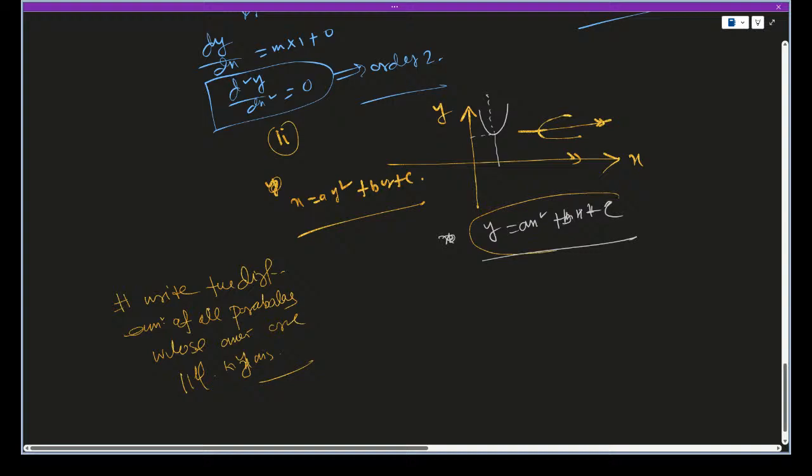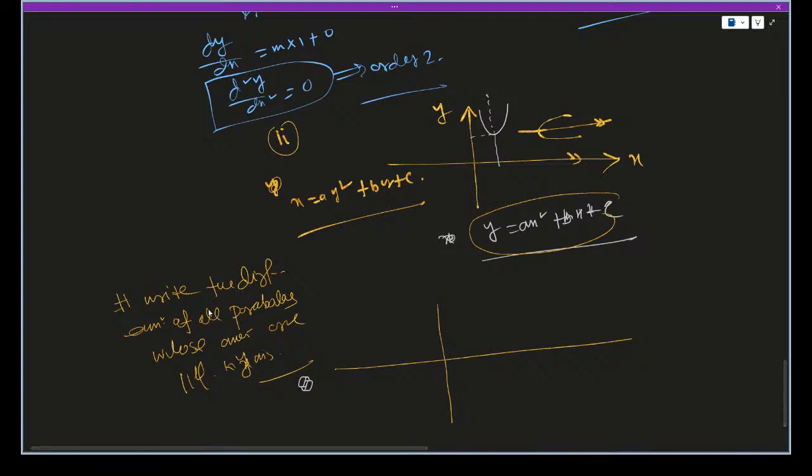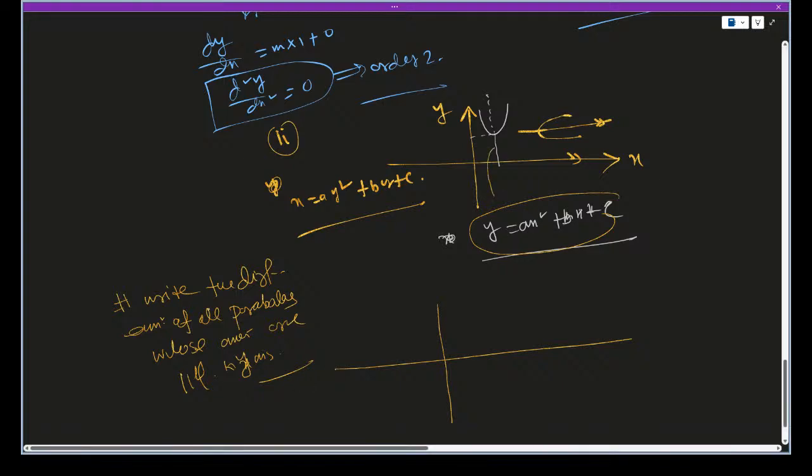For this parabola I wanted to say, this equation is valid: x equal to ay square plus by plus c. Never forget this.